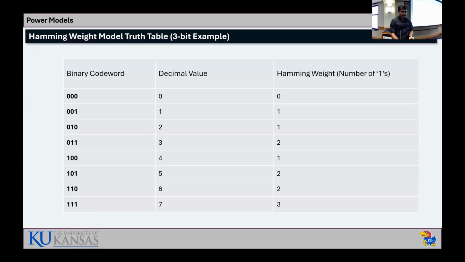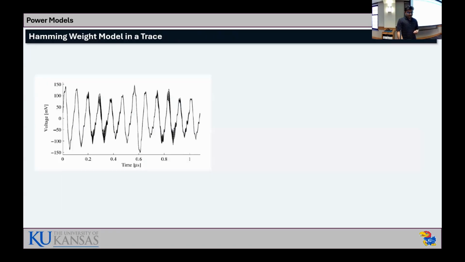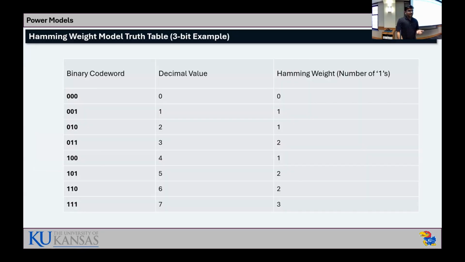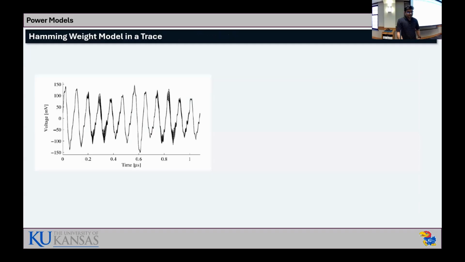If you have a peak of 3, you will know that your input was 3. If you get a Hamming weight of 1, it is a bit trickier, because the Hamming weight for 1 and 2 is basically the same. So you have to do some other operations, like correlation. But this is the idea of using power models to do side channel analysis.